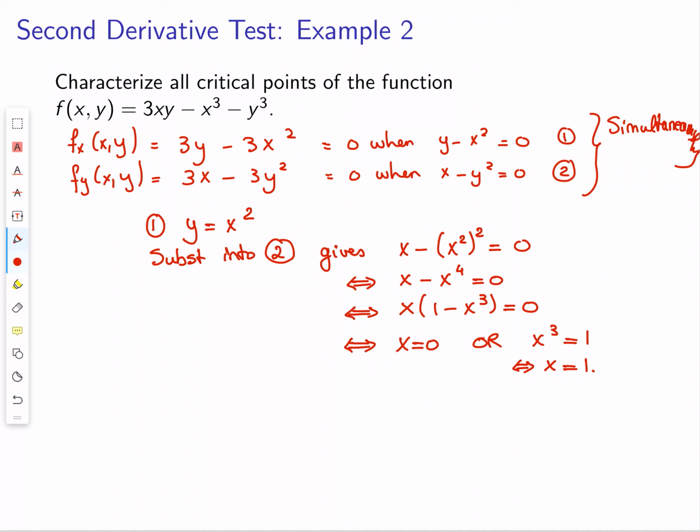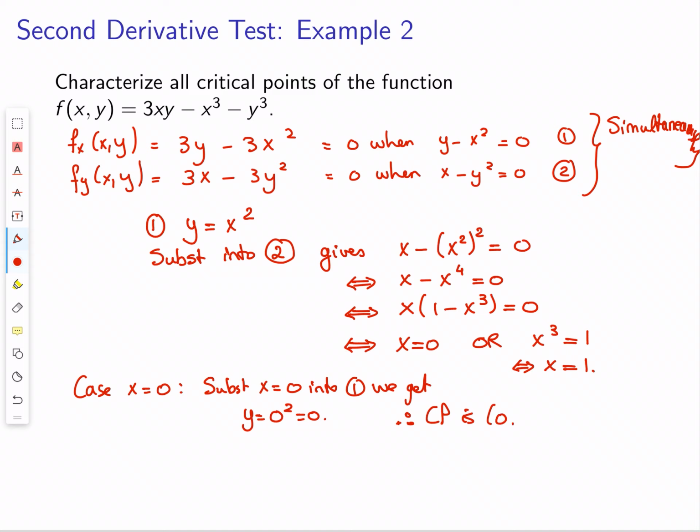All right, so in the case that x is equal to 0, if we substitute x equal to 0 into the first equation, we get that y is equal to 0 squared, which is equal to 0. Therefore, the critical point is (0, 0).